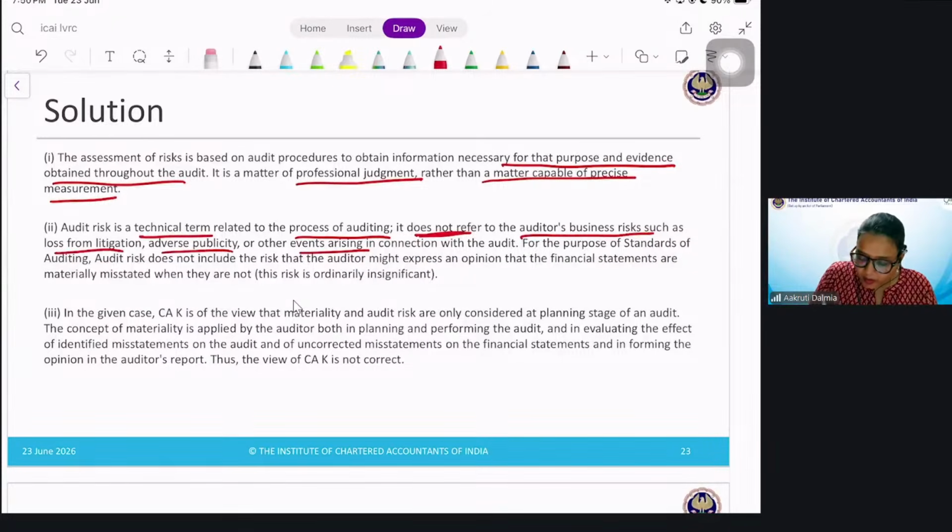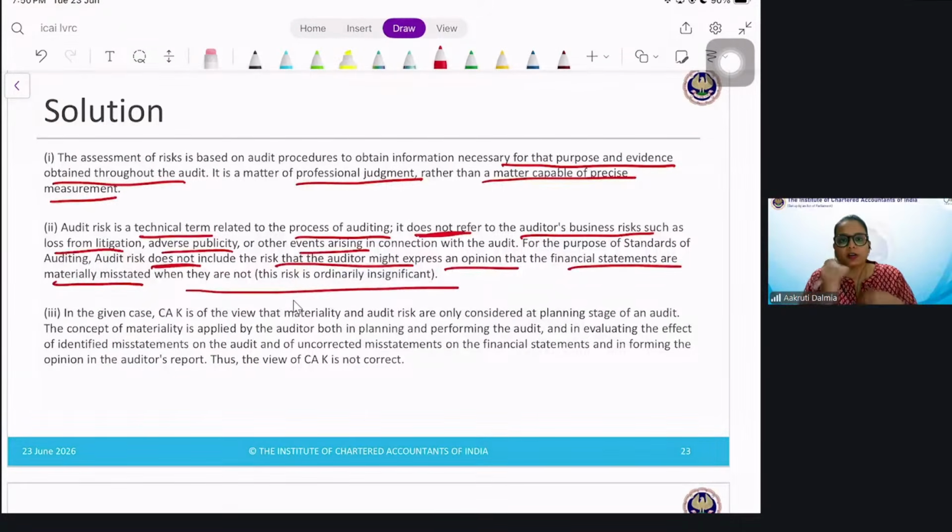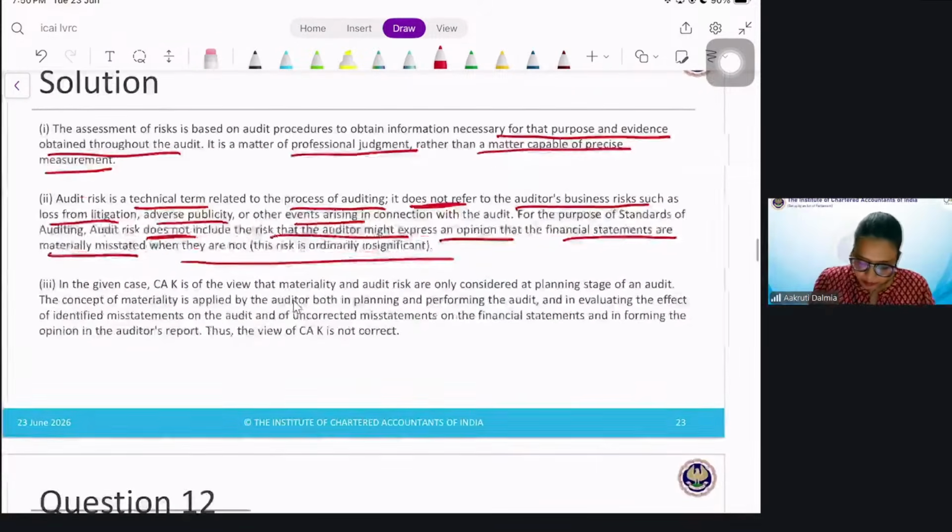For the purpose of standards, audit risk also does not include the risk that the auditor might express an opinion that the financial statements are misstated when they are not. This is what Krish said. Very good, Krish. So two things are not included in audit risk: the auditor's personal business risk and the risk of giving a modified opinion when the financial statements are not materially misstated.